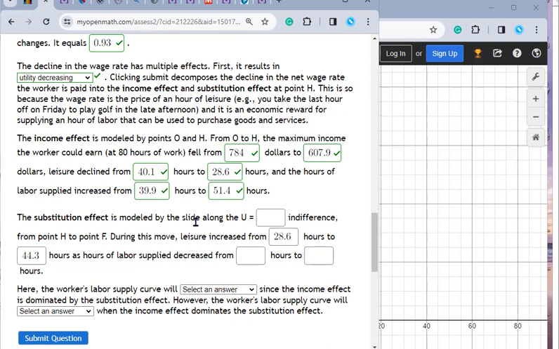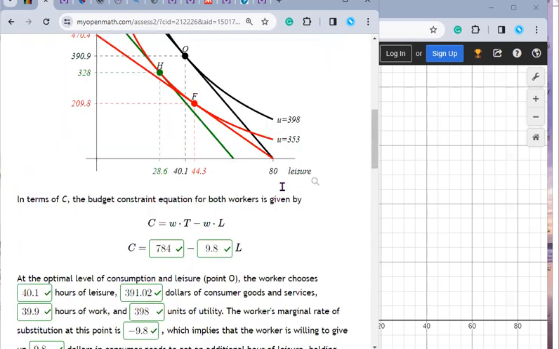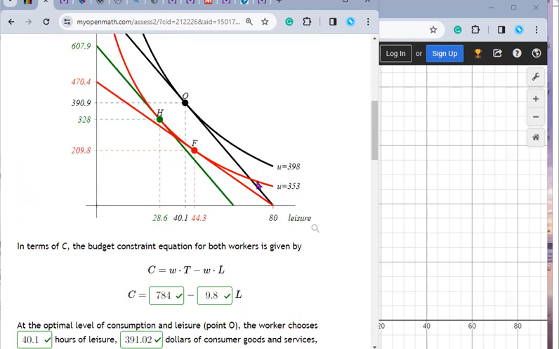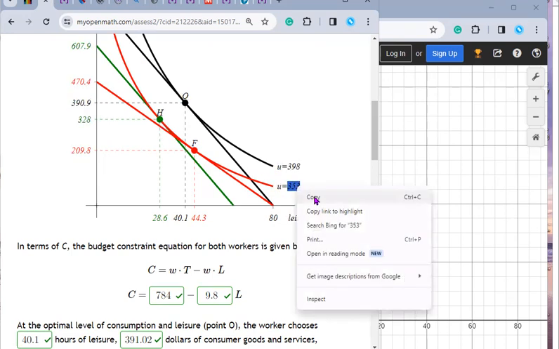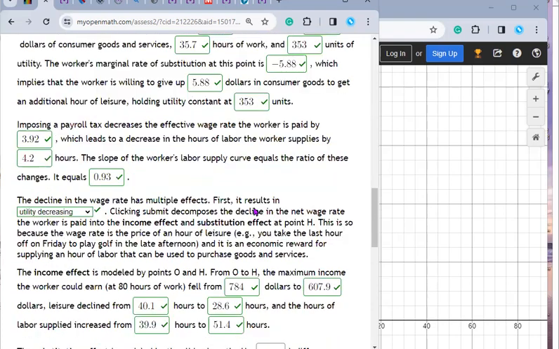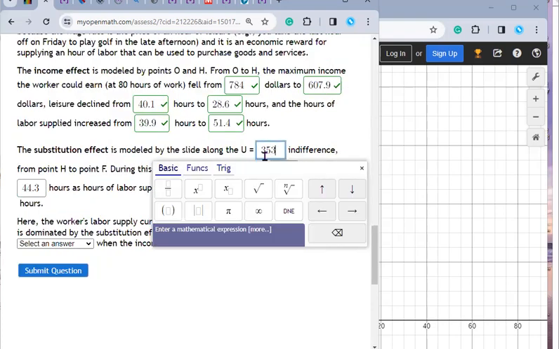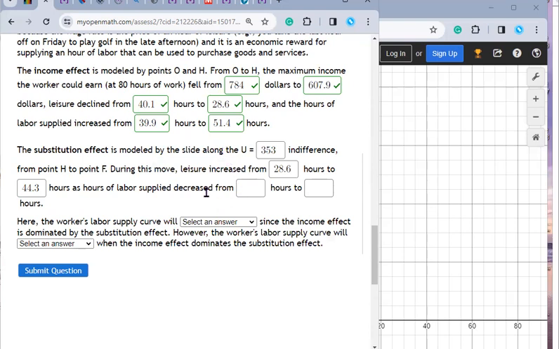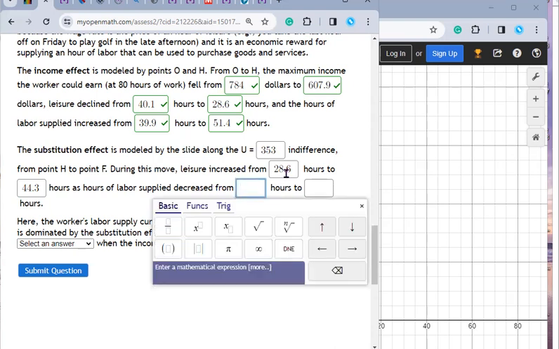The substitution effect is modeled by the slide along the indifference curve, where we're holding utility constant at 353, right? So utility's been held constant at 353. Hours of labor supplied decreased from 51.4.